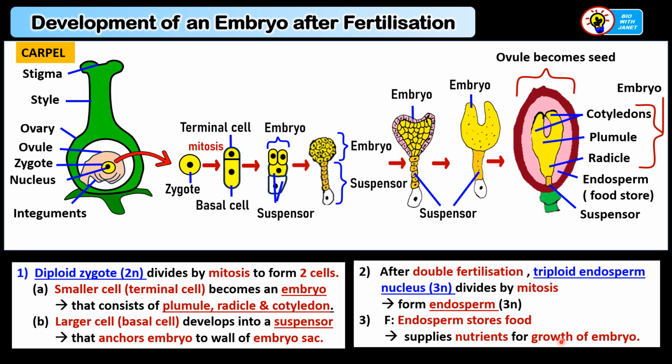The embryo will need carbohydrates, which it will oxidize through cellular respiration to produce energy for the germination of the seed, when the embryo will grow its new young shoot and the young root.